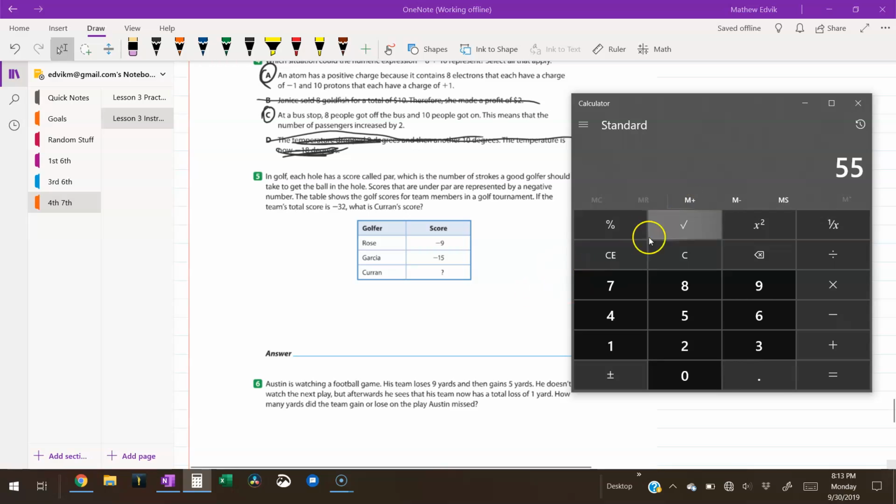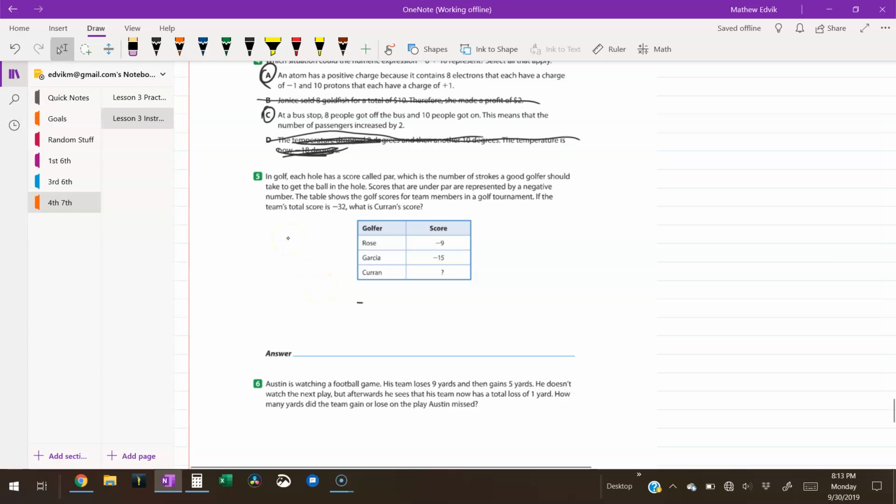So I'm going to bring the calculator up here, and we are going to look at this. And so we have negative 9 plus negative 15 plus some number equals negative 32.